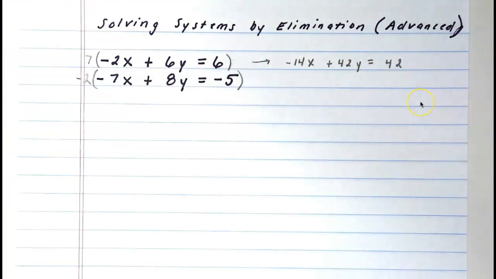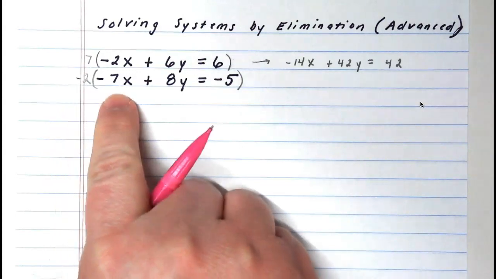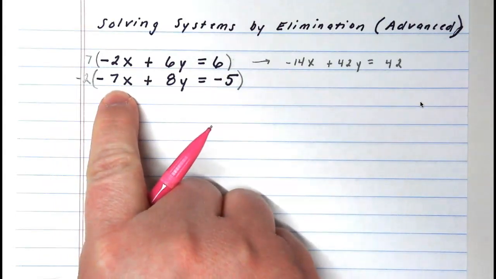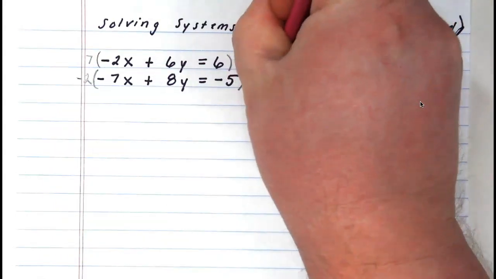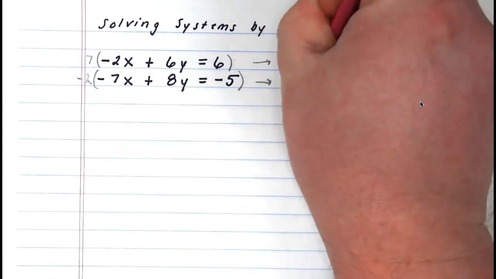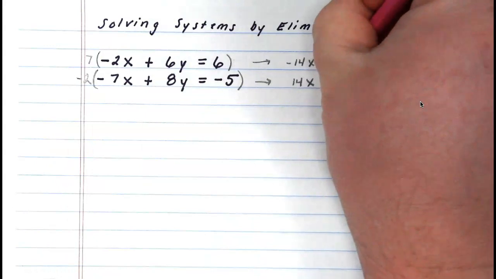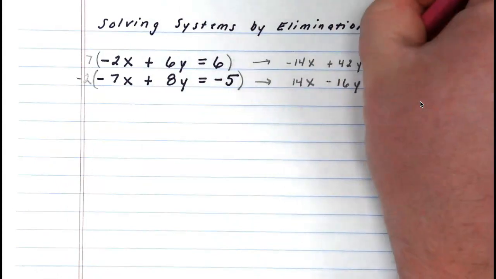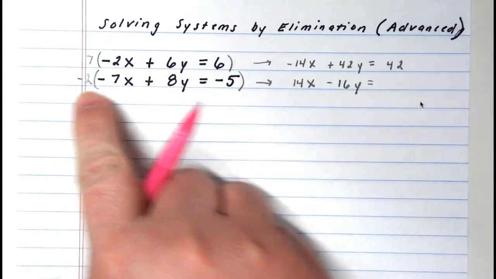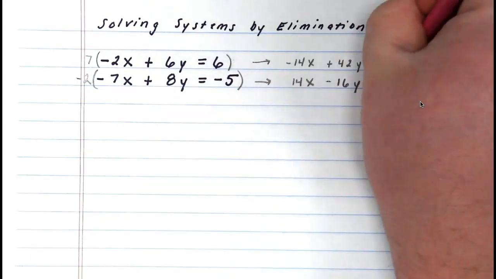So we're going to multiply everything in this equation by -2. So -2 times -7x is 14x. -2 times 8y is -16y. And -2 times -5 is 10.